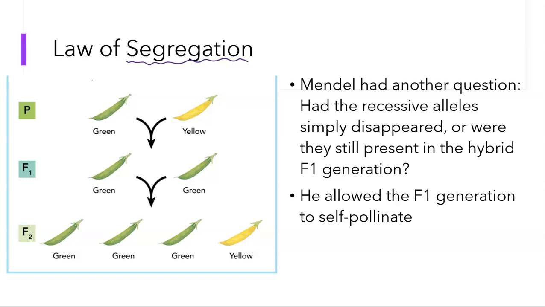In the P, remember P stood for parental generation. The F stands for filial, and then you can have first, second, third, and so on, depending on how many generations you are following. So F for filial.